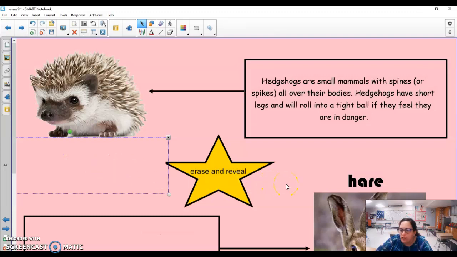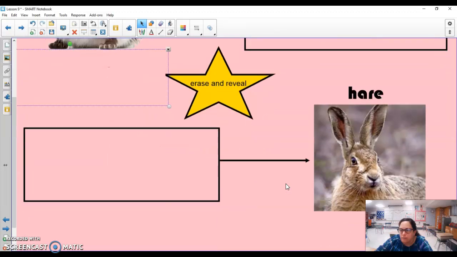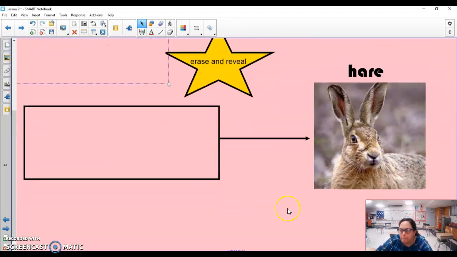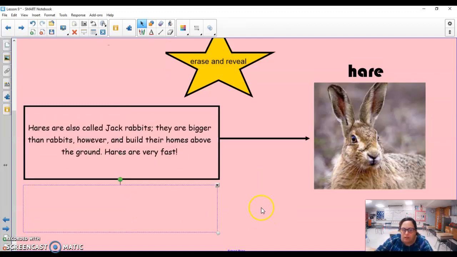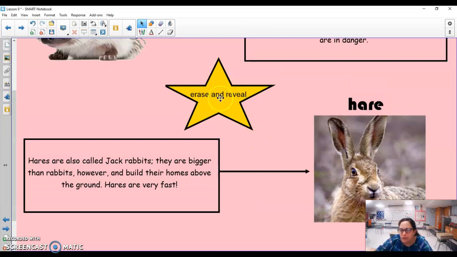Hedgehogs have short legs and will roll into a tight ball if they feel they are in danger. What is a hare? Hares are also called jackrabbits. They are bigger than rabbits, however, and build their homes above the ground. Hares are very fast.